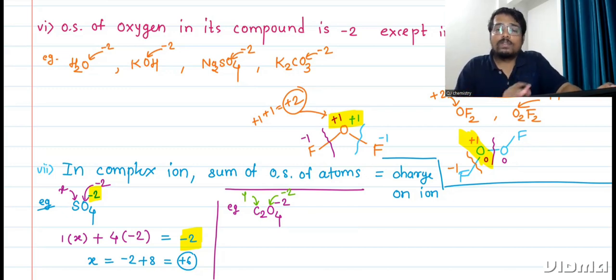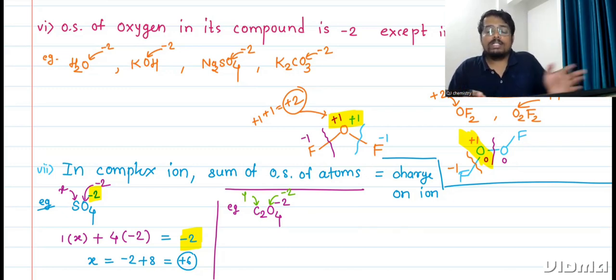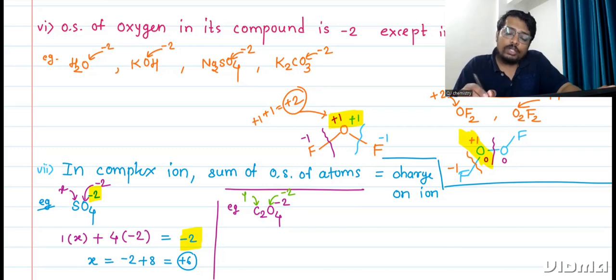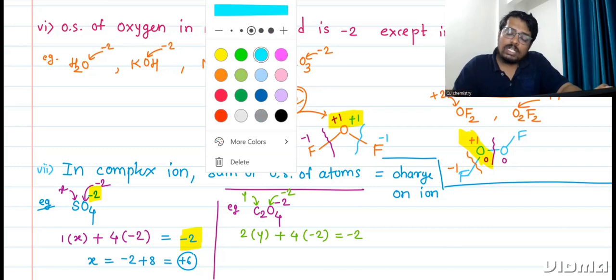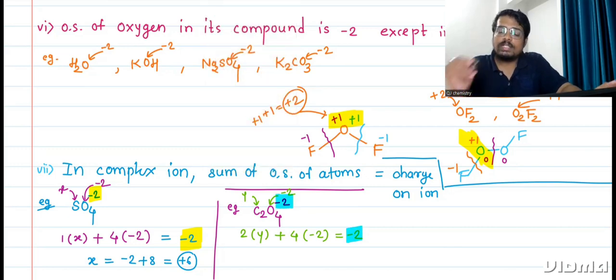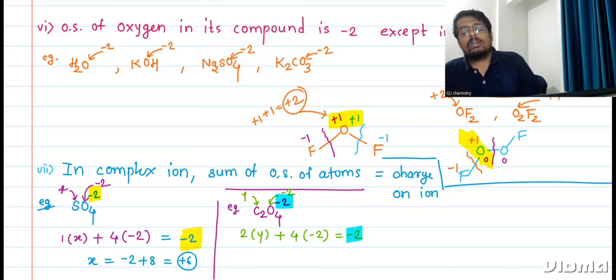So take the sum of the oxidation states of the constituent particles of this oxalate ion. There are 2 carbon atoms, so 2 into the oxidation state of carbon, Y, plus 4 into the oxidation state of oxygen, -2. The total charge on this ion is -2.